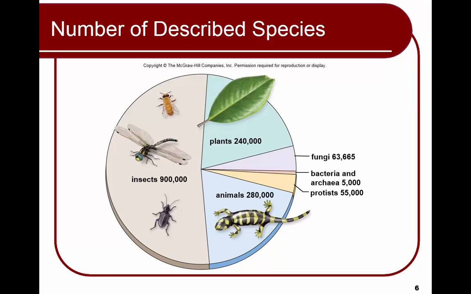Here we see that we know we have about 240,000 plants that have been identified, 900,000 insects, 280,000 animals, and then you see the smaller numbers there for the fungus, the protist, the bacteria, and archaea. There's only 1.75 million species that have been identified so far.